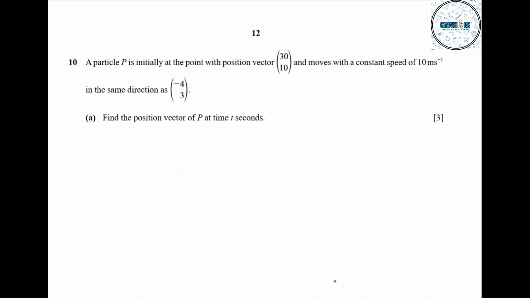Question number 10. A particle P is initially at the point with position vector 30, 10 and moves with the constant speed of 10 meters per second in the same direction as minus 4, 3. Find the position vector of P at time t seconds.